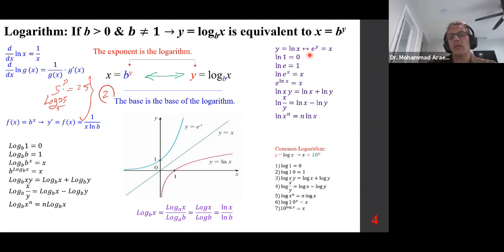In the case of a common log, you just drop the base b. The only thing you want to be careful of is here. It is log 10, which is 1, okay? And log 10 to the power of x is x. 10 to the power of log x equals x. Those are the two that you want to be able to handle, okay?